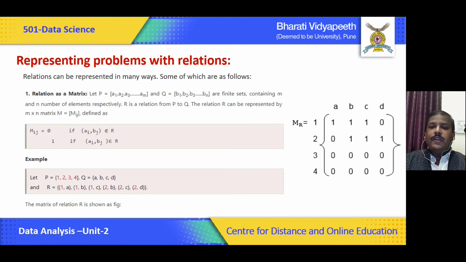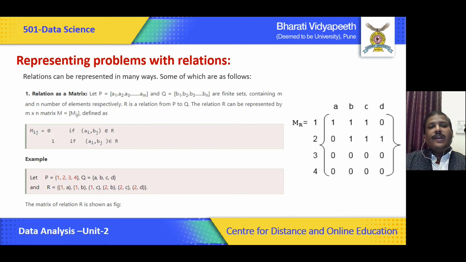Let P be a set with values A1, A2, A3, up to Am, and Q with B1, B2, B3, up to Bn. These are finite sets, which means we don't have infinite members in these sets.